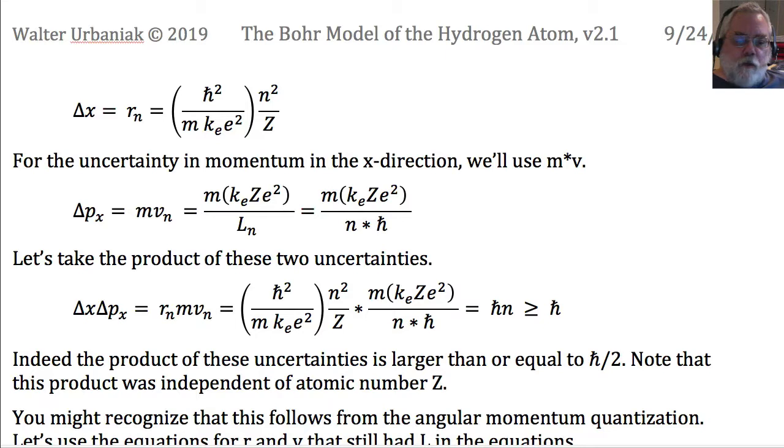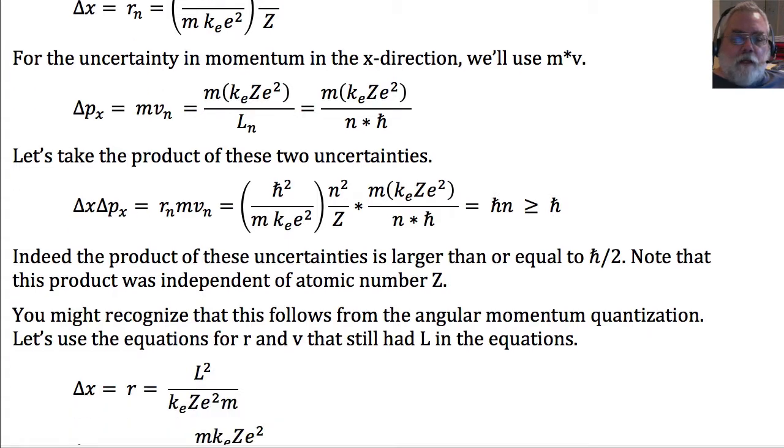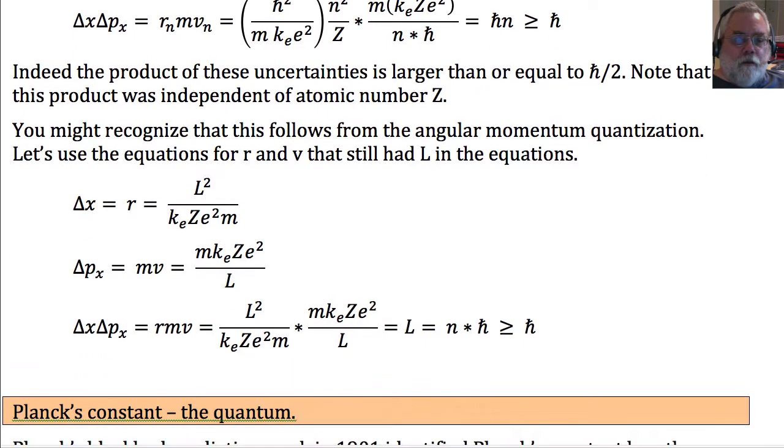Note that this product was independent of the atomic number Z. Now you might recognize that this follows from the angular momentum quantization. Let's use the equations for r and v that still had L in the equations. Here I'm showing the equation for r that has L still in it, and the equation for momentum mv that still has L in it.